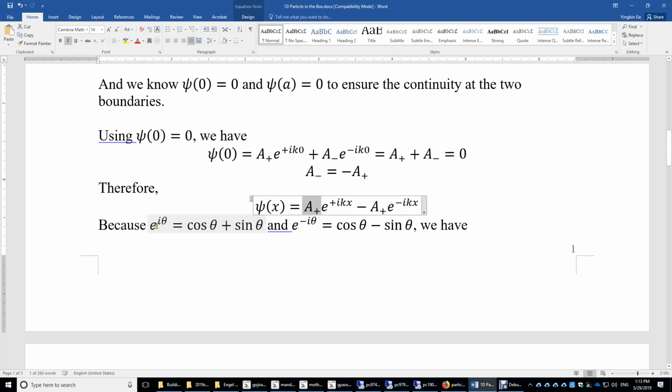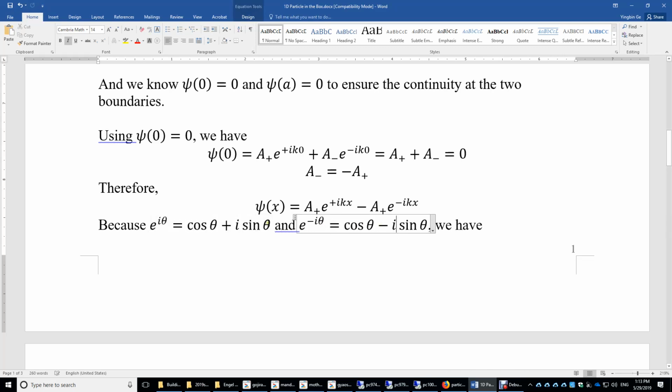And we do know e to the power of i theta equals cosine theta plus i times sine theta. So we can prove this by doing Taylor expansion of both sides. And e to the power of negative i theta equals cosine theta minus i times sine theta.